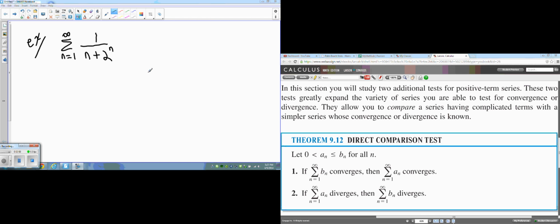All right, so looking back at our example, I want to find a series that I can compare this one to that I know the behavior of, whether it converges or diverges.